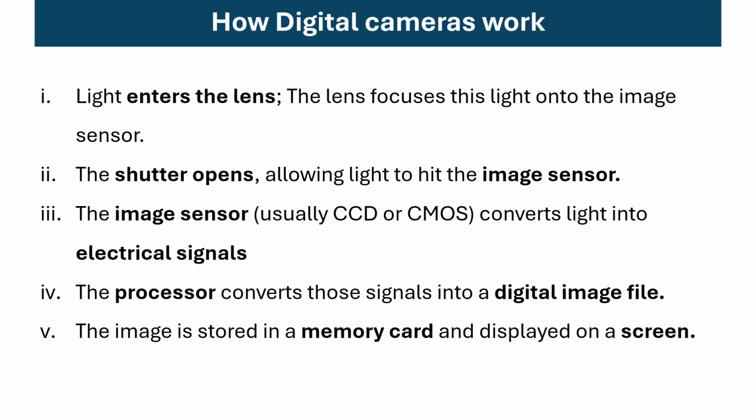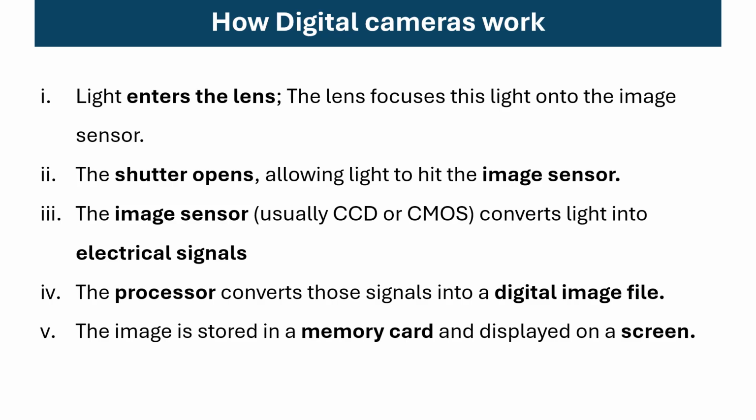So after the light hits the image sensor, it converts light into electric signals. Okay, so the electric signals are then converted to a digital image file by the processor. That's the fourth step, where the processor converts those signals into a digital image file.